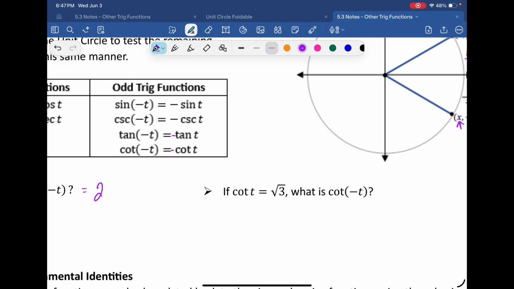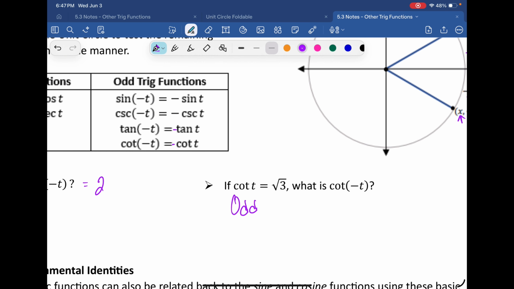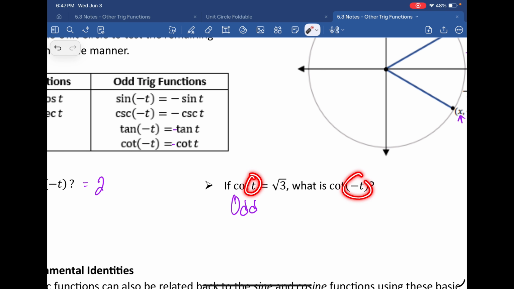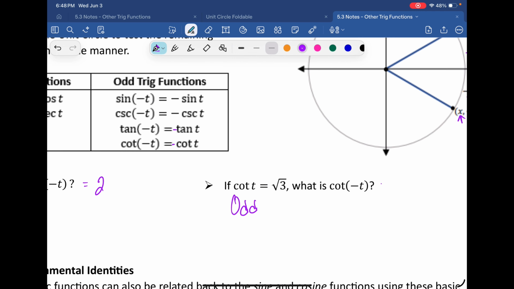Cotangent, okay, cotangent is odd. So if my inputs are opposites, then my outputs will be opposite. So positive t, negative t, my inputs are opposite, my outputs need to be opposite. So positive root 3, then I'm going to have negative root 3.